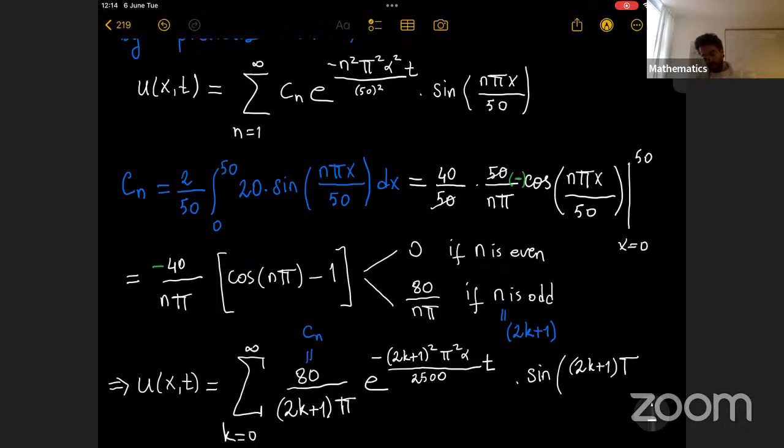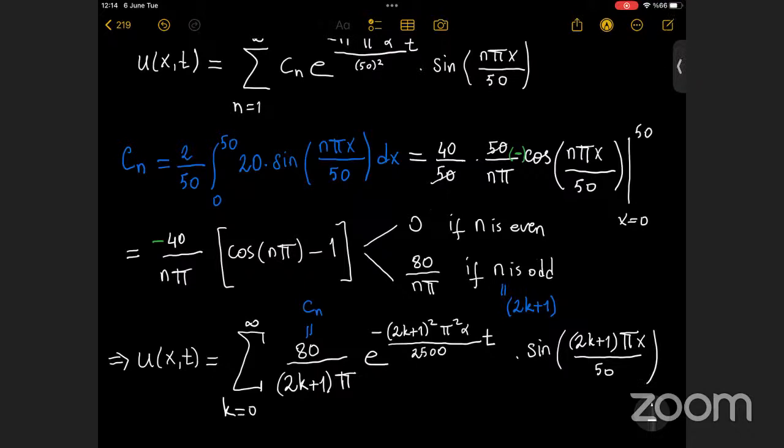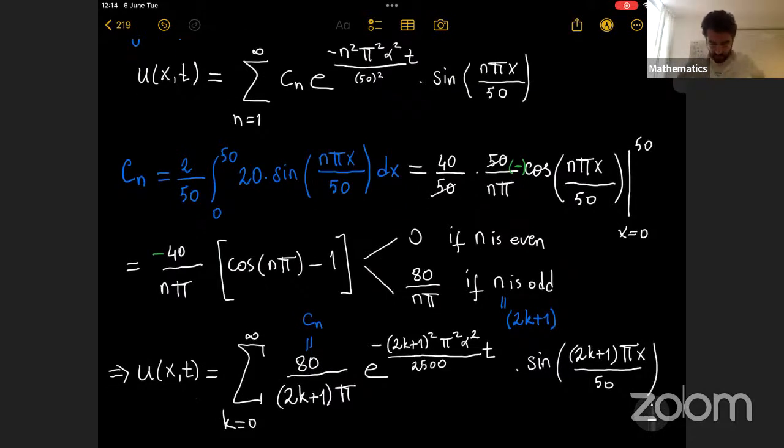Sorry, can I say something? If I'm not mistaken, it should be alpha squared. Yes, it should be alpha squared. Okay, thanks for this. All right, so this is the solution of the heat equation with these initial boundary values.